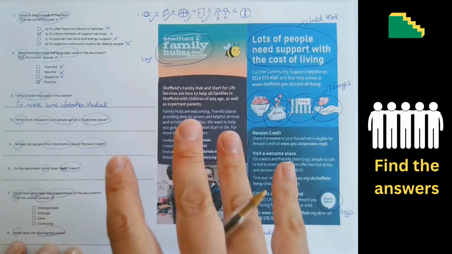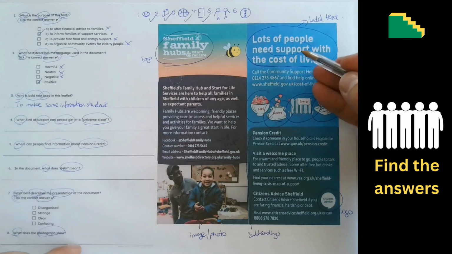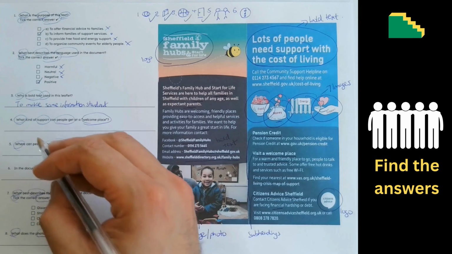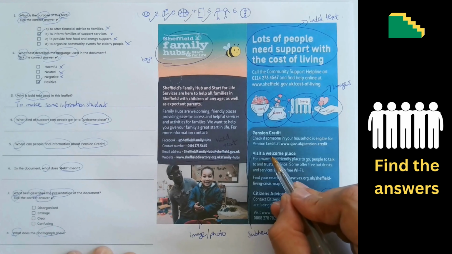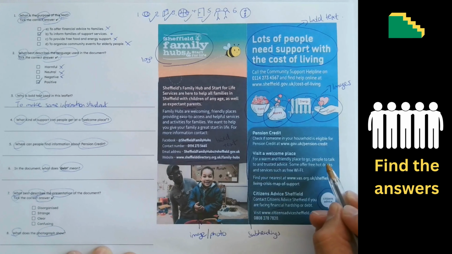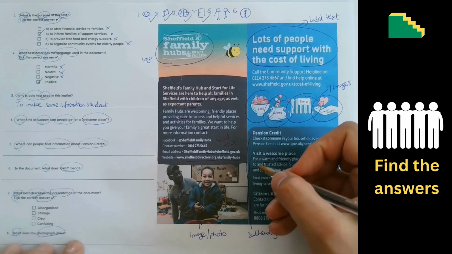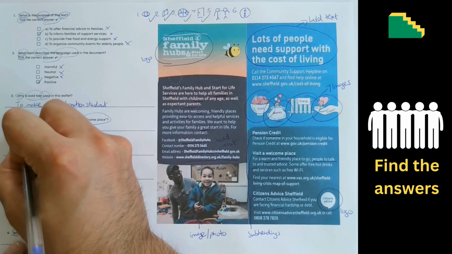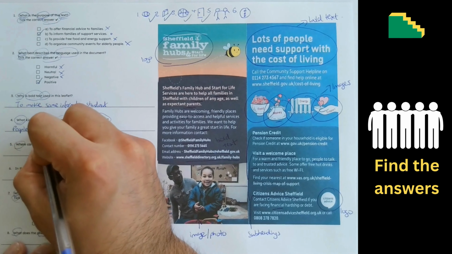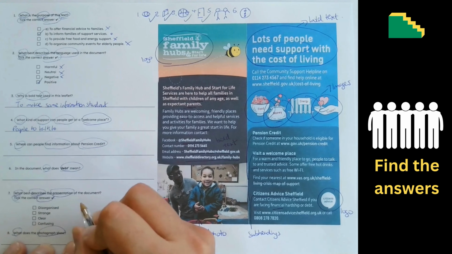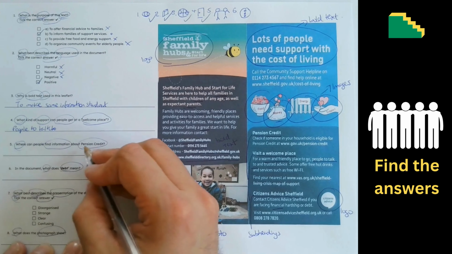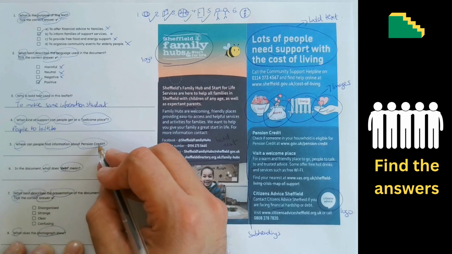Okay. The fourth question is welcome place. We've underlined that over here in our scan. So I believe people to talk to. We've underlined that. I think that's the answer. Well, at least part of the answer. The fifth question is pension credit.